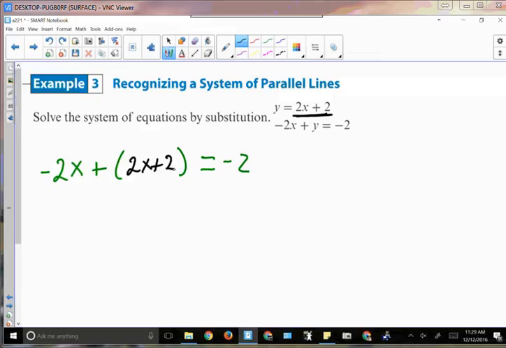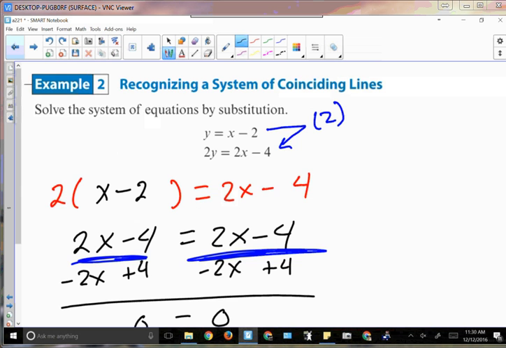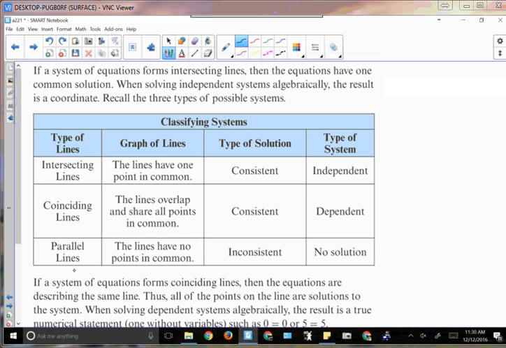Now, as I add like terms, I got negative 2x plus 2x. Well, that wipes each other out, correct? So that ends up with 2 is equal to negative 2. Is that ever possible? No. And because that's not possible, this would be no solution. So we end up with parallel lines, lines that have no points in common, inconsistent, no solution.